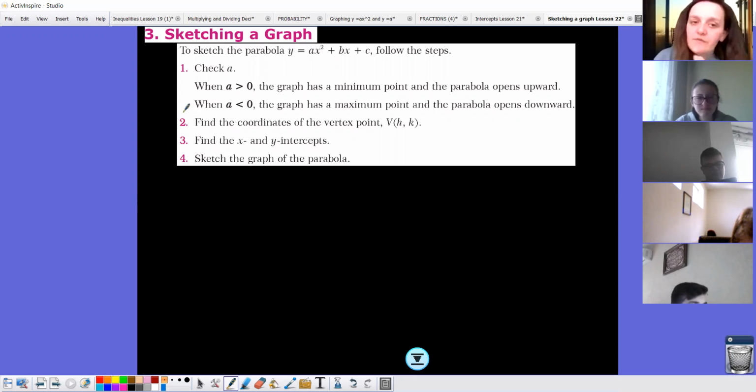The second step is to find the coordinates of the vertex point. We studied how we are finding the vertex point. The third step is to find the x and y intercepts. And the fourth step is to sketch the graph. Now you have these steps written in the book. Now let me show how we are doing it.